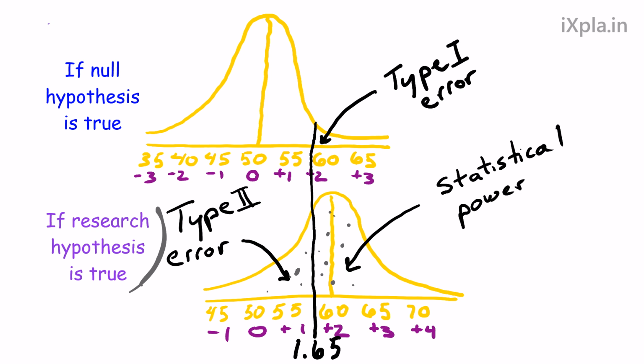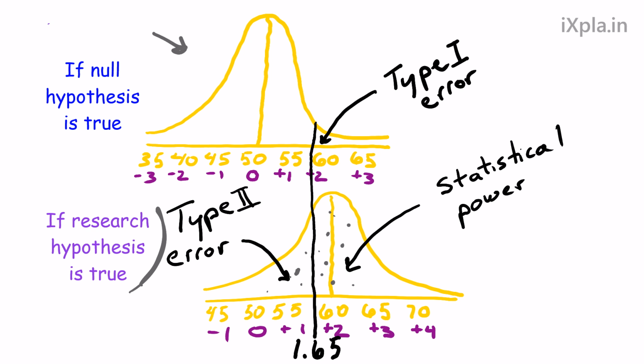So these are the 3 terms that you need to understand for today's activity. And as I said, there's several things that will change the size of these respective areas. But there are some important things that you need to know about how these terms relate to each other. First, a type 1 error is the only type of error you can make if the null hypothesis is true. If the null hypothesis is true, you're working with this top curve.